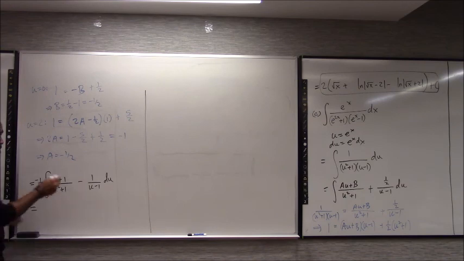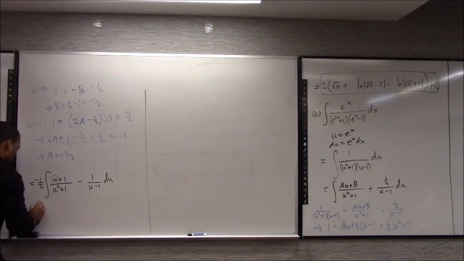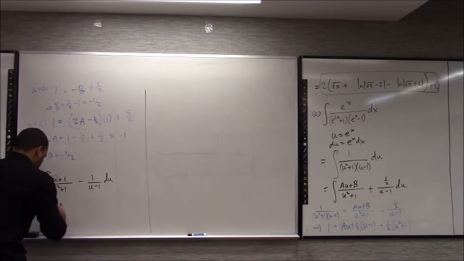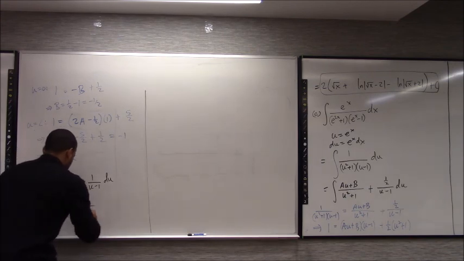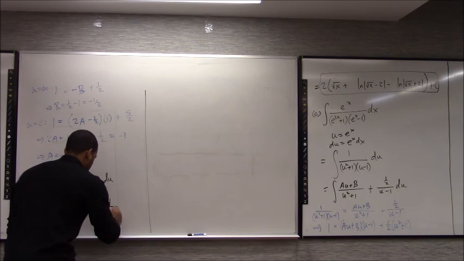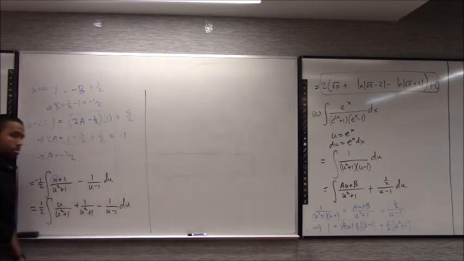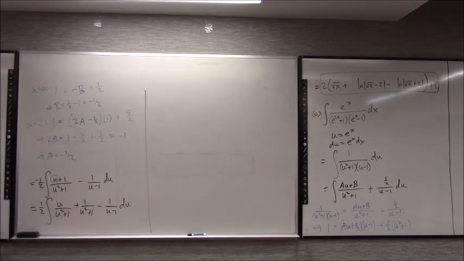So my substitution takes care of this one, leaves off the 1. Can you separate it? Yes, separate it. Substitution applied here. What is this? That is arctan. Arctan of u would be the integral.